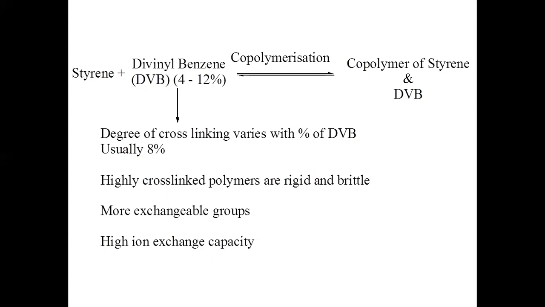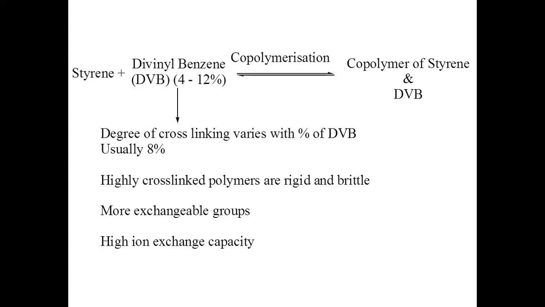Why this highly cross-linked structure? These highly cross-linked structures will become more rigid and brittle. Therefore, the lifetime of those resins will become very long, and the flexibility of using those resins for reversible applications will also be very high. And if the resins are highly cross-linked, the exchangeable ions present in the resin will be substantially more.